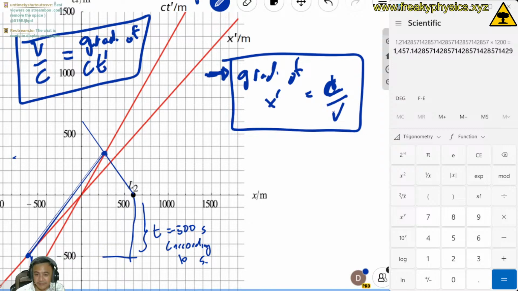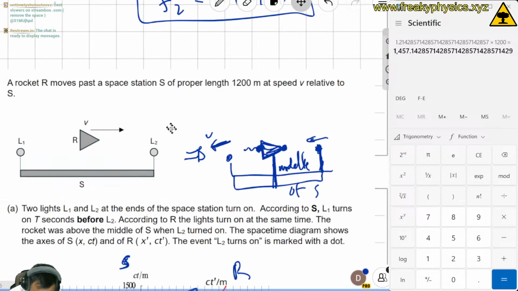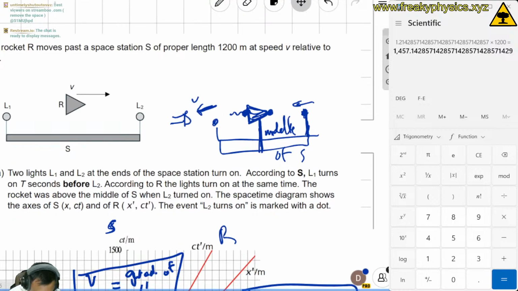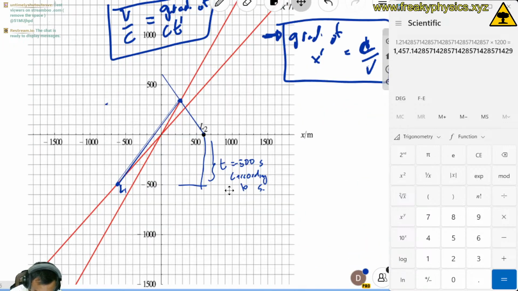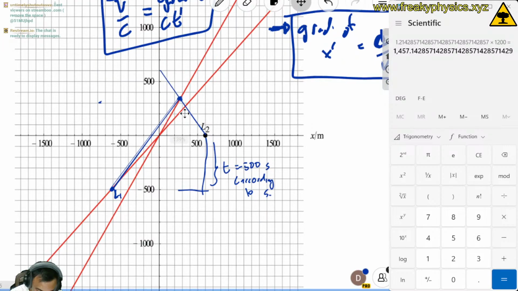Then from there, just use a Lorentz transformation to find the big T. What's T here again? The time in seconds, right? According to this, since it happened according to the rocket, we can use the Lorentz transformation to find the value of t.